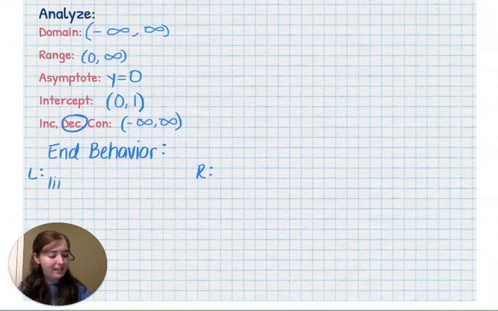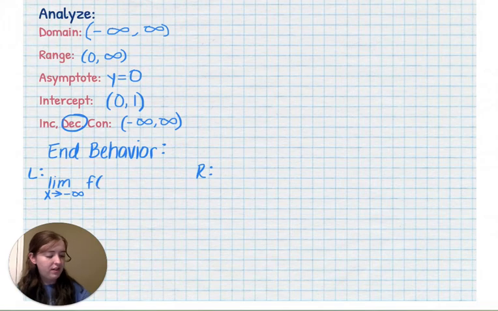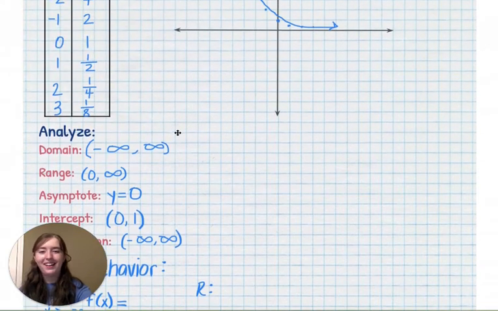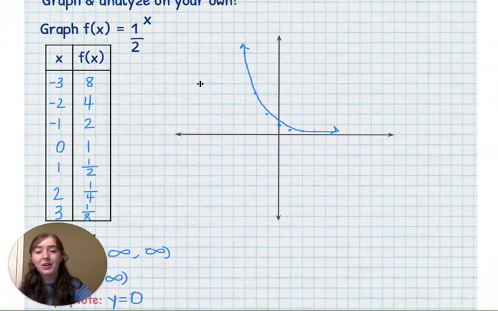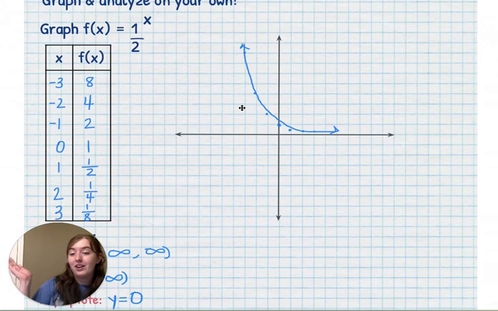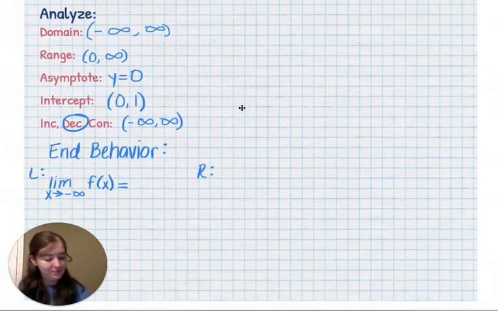So we'll have the limit as x approaches negative infinity of f(x) equals. Let's look up at our graph. Over here, when x gets farther and farther, more and more negative, my y's are going up, right? So they're going to positive infinity. So that'll be equal to infinity.